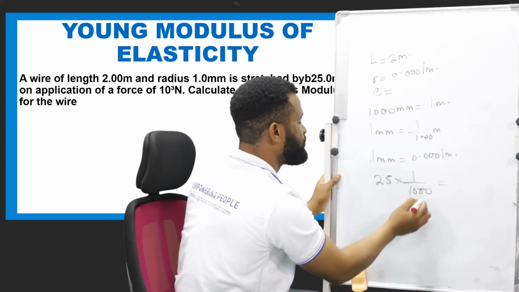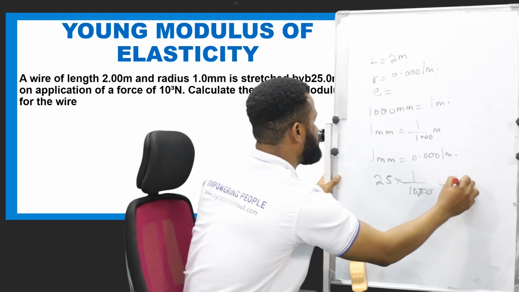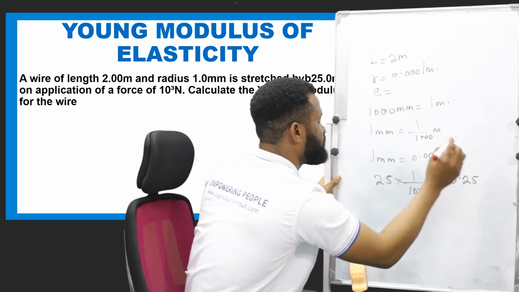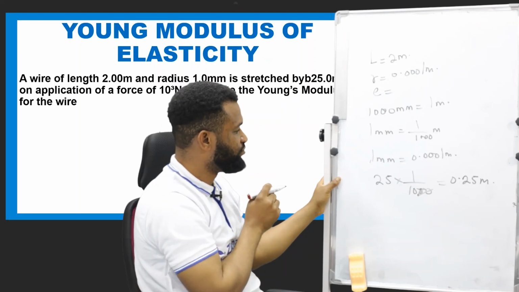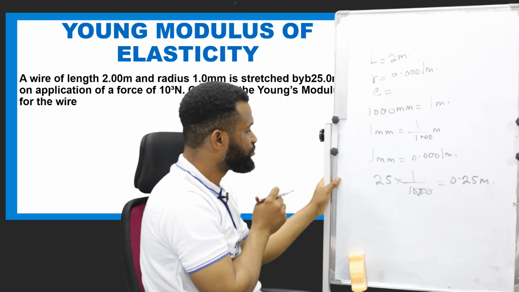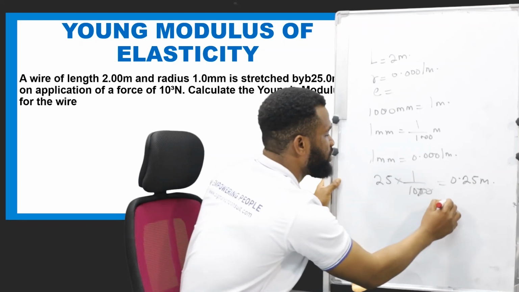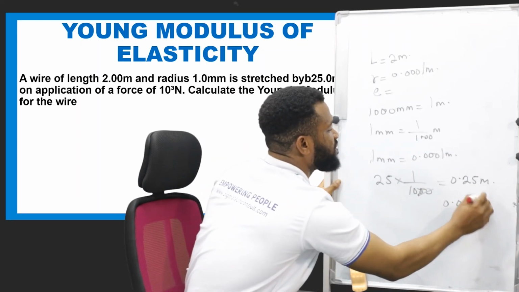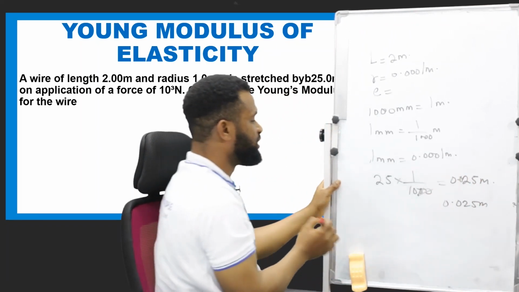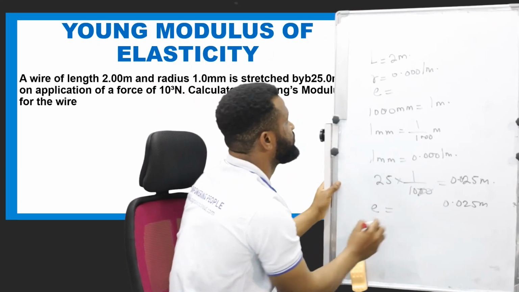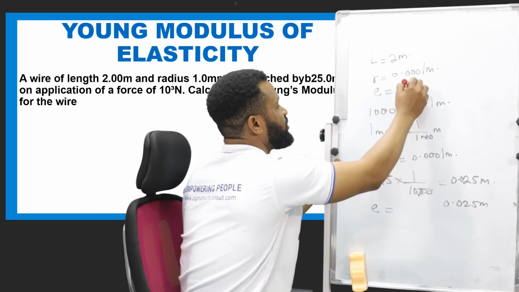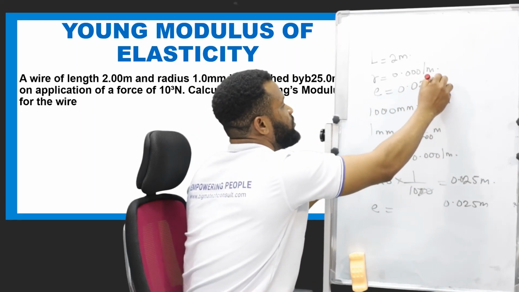Then I'm going to have 0.025 meters. That is going to be the value of this extension, so this is 0.025 meters.